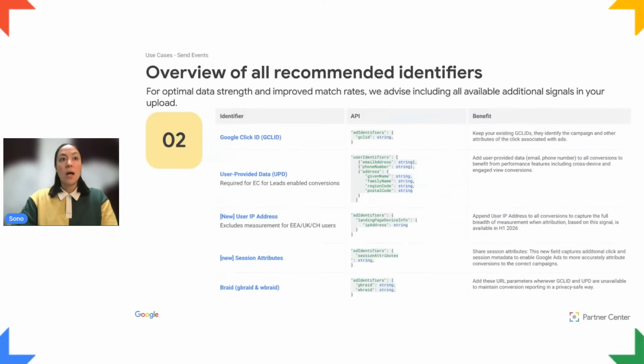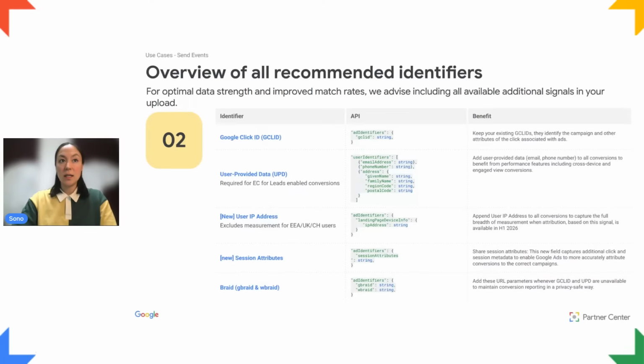How does it look like? So the ad identifiers, as I mentioned before, could be the Google Click ID, the IP address, all the session attributes, which are new and available as fields to be filled and to be sent from the advertiser.